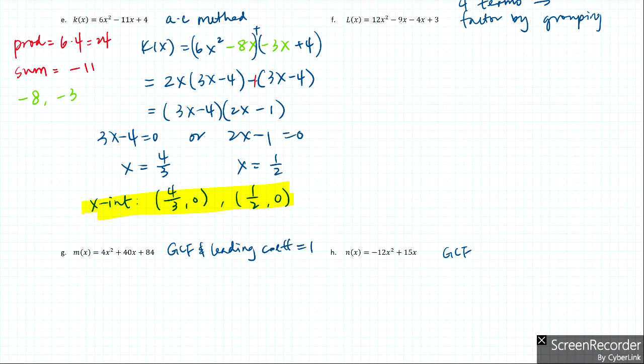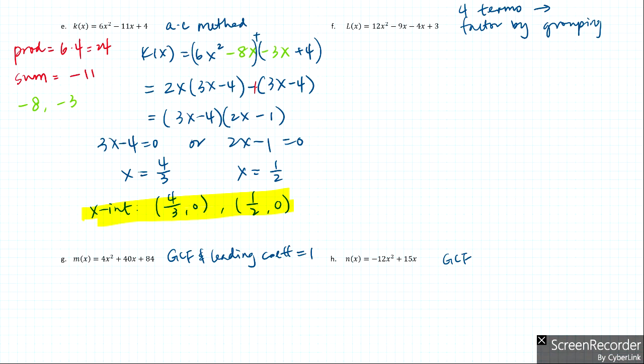For part F, it's factor by grouping, so I'm going to automatically start grouping first and connect it by plus. In the first group, we have a common factor of 3 and x. Take that out, and that leaves me with 4x minus 3.